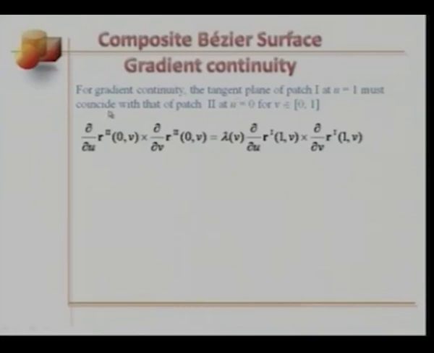For the two tangent planes to coincide, these normals must be scalar multiples of each other, and that is for different values of v in between 0 and 1. And because of that, we introduce a scalar lambda, which is a function of v. So what we are saying is the directions of the two normals should be the same, but the magnitudes may differ.